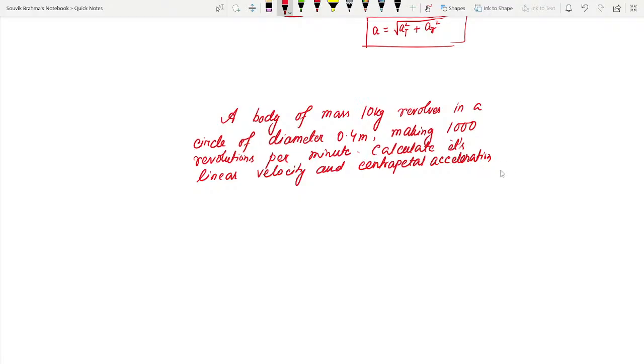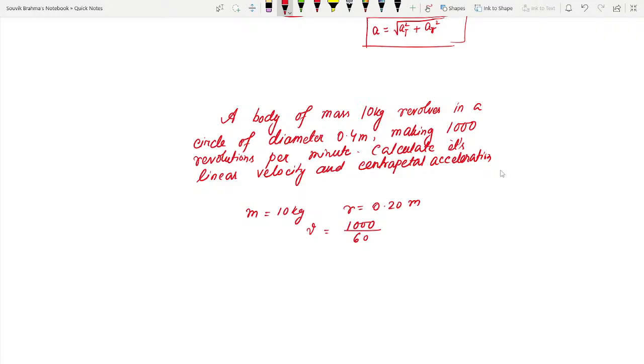Okay, so m is equal to 10 kg, r is equal to 0.20 meter, and since it is given as 1000 revolutions per minute, it is frequency, nu or f, so nu is 1000 by 60.